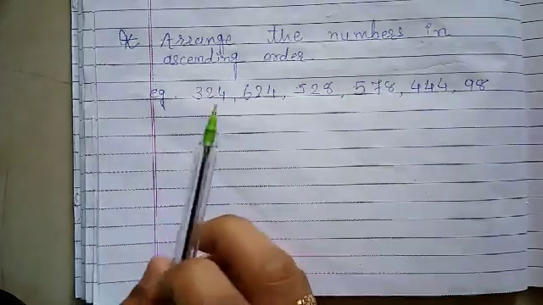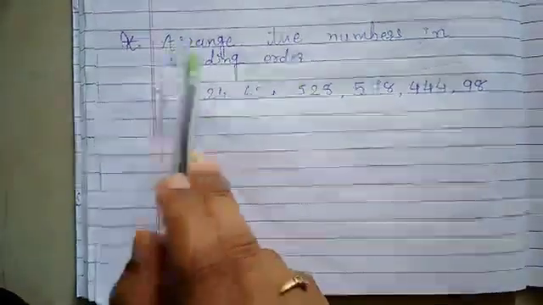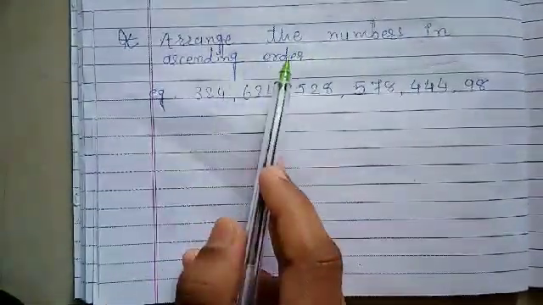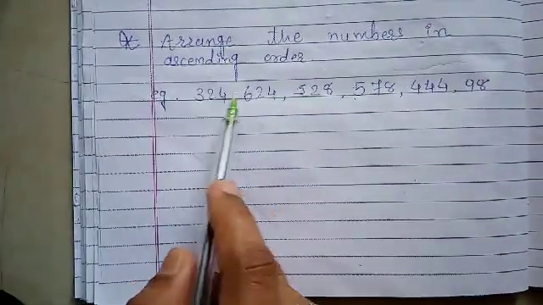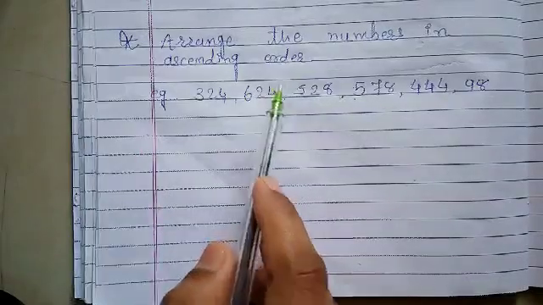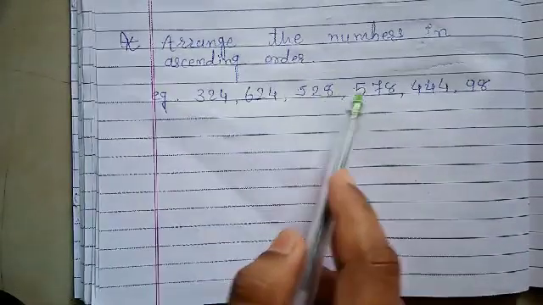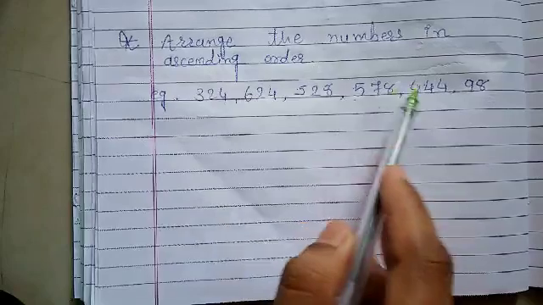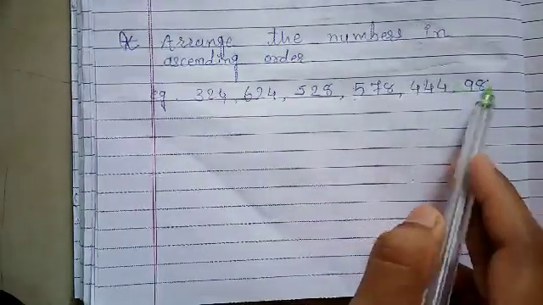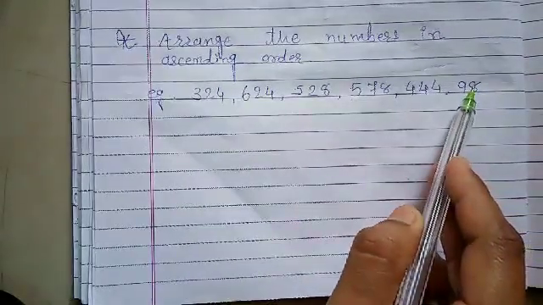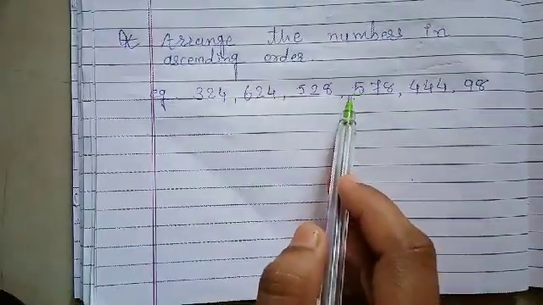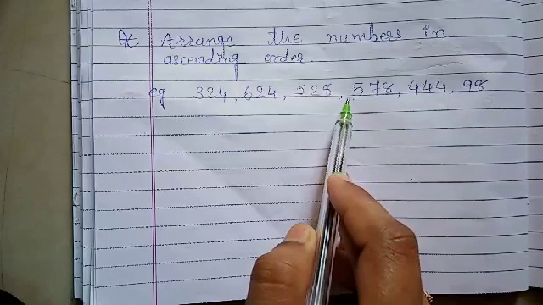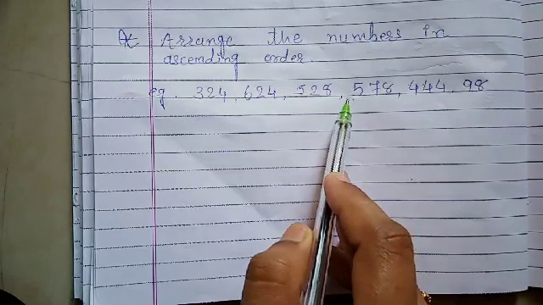Okay, here one example is given: arrange the numbers in ascending order. The numbers are 324, 624, 528, 578, 444 and 98. Now we have to arrange these numbers in ascending order, and we know very well what ascending order is.